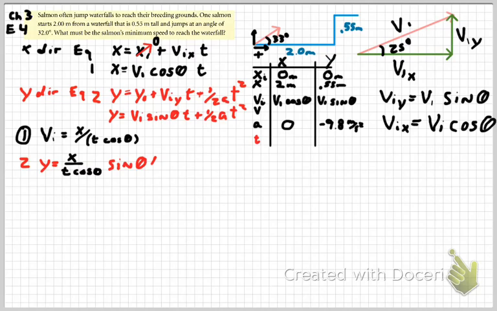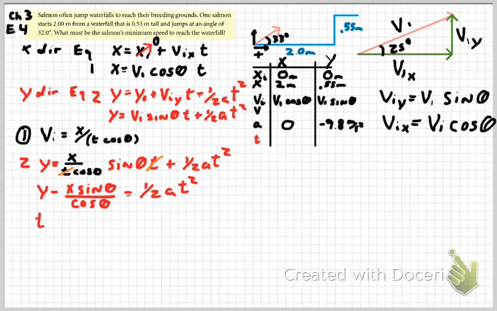Y equals x over t cosine theta times sine theta times t plus 1/2 a t squared. Now you may choose to start putting numbers in here, but I suggest you're better off solving the equation first, noticing that you can cancel out t. Then we subtract that first term from both sides and get y minus x sine theta over cosine theta equals 1/2 a t squared.